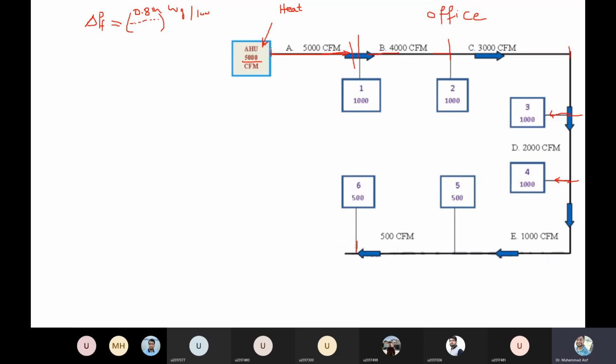Let's say, what will be the size of duct A? I know the value of delta PF and I know the airflow rate. For duct A, the airflow rate is 5000, and delta PF is 0.08. If you know these two values, then I can get the size of the duct by using the table that I showed you previously.